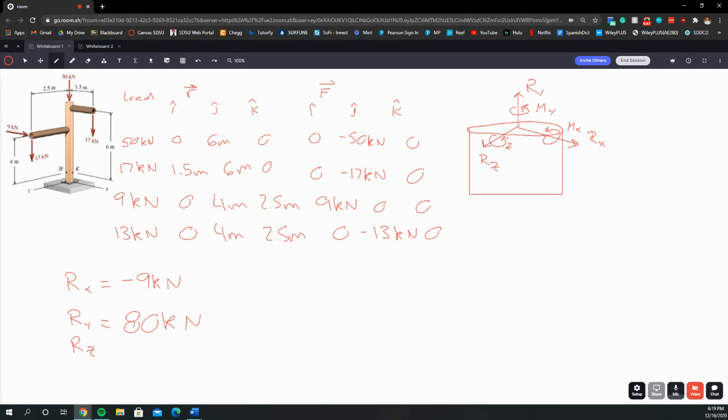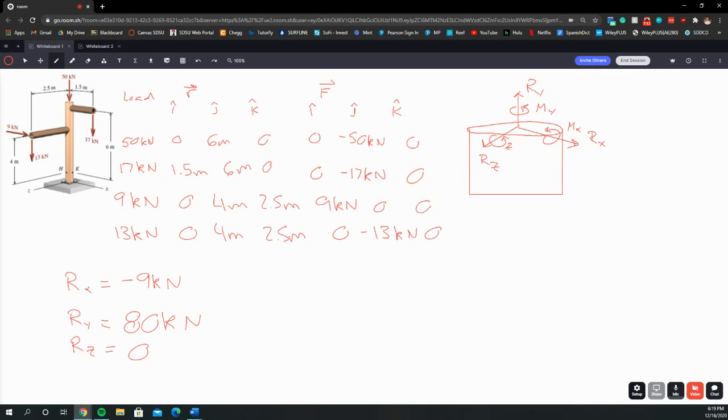And then Rz, we have no forces in the z direction, so 0. The reason we didn't do a section for moment is because on the diagram there's no applied moment. If there was an applied moment, it would be there. But since there is none, we don't have to account for it.